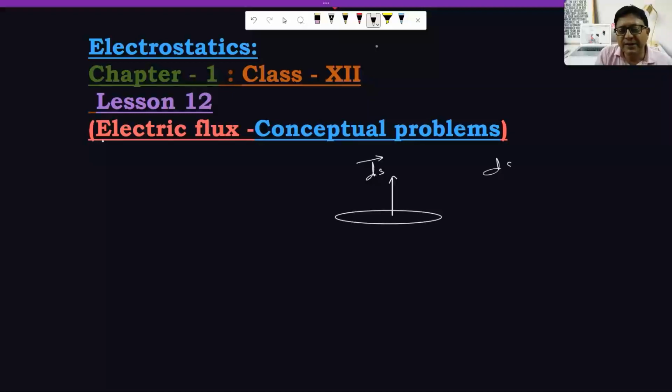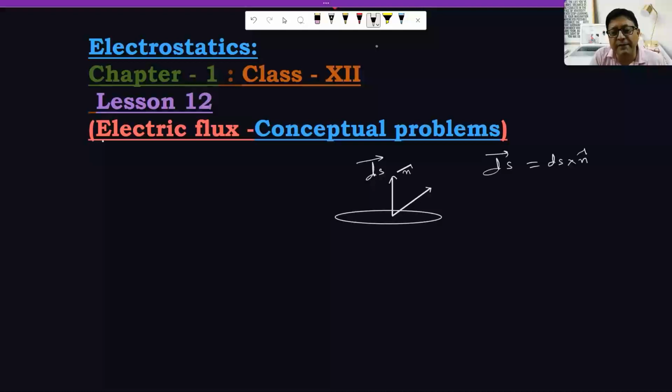The ds vector is nothing but magnitude of area multiplied by n cap. N cap is the unit normal drawn to the plane of the loop. Let me discuss the general case only.